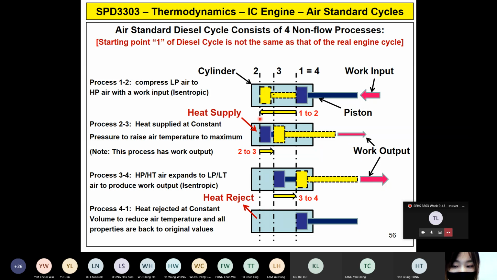So the piston moves from the top dead center to the location at point 3. The volume changed from the minimum volume to the volume 3, but here you have P3 equals P2. The pressure should be equal.